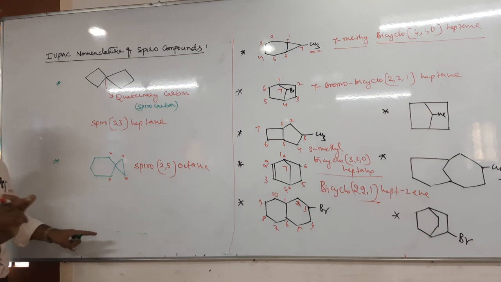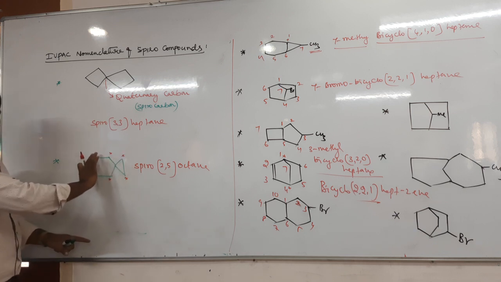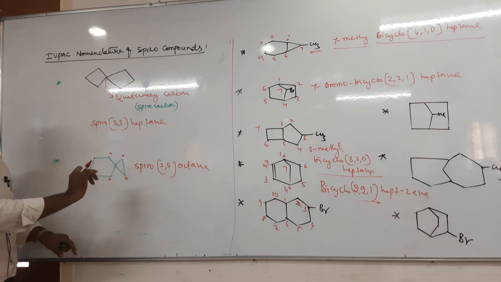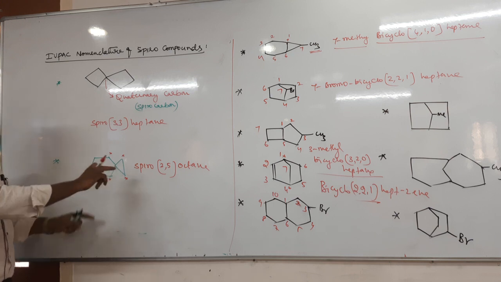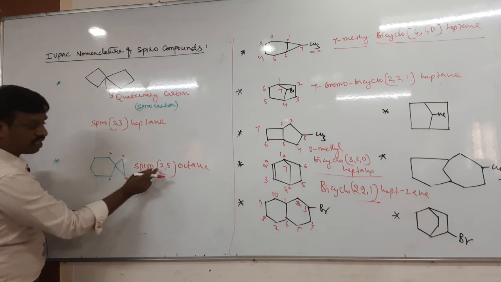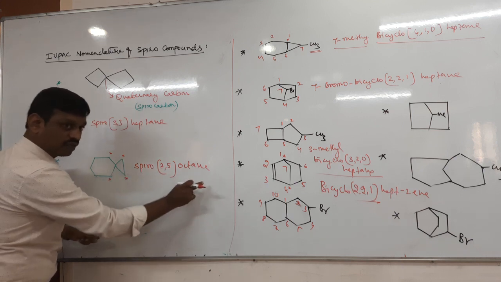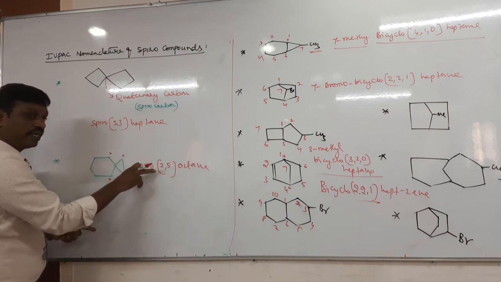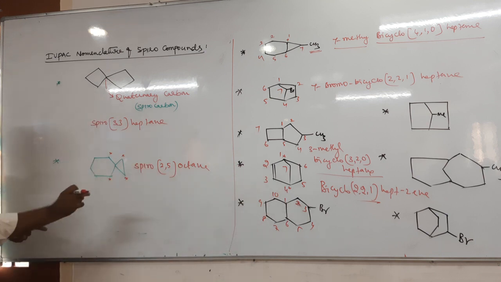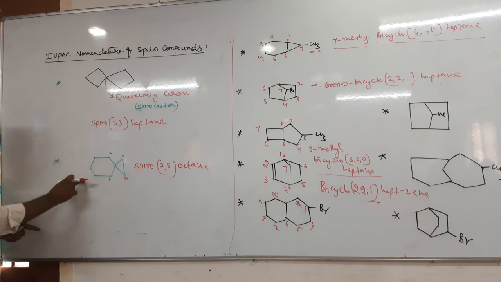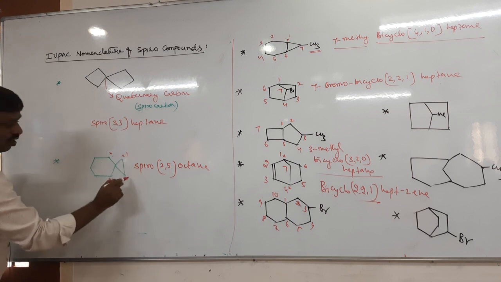Here there are only 2 bridges. Shortest, longest. Okay, in the middle is the spirocarbon. Therefore it is opposite. Now here how is it, 2 5 increasing, no? So we are writing the number of bridged carbons in increasing order. Here also we should write in increasing order. First is shortest, then longest. Therefore it is 1, it is 2.